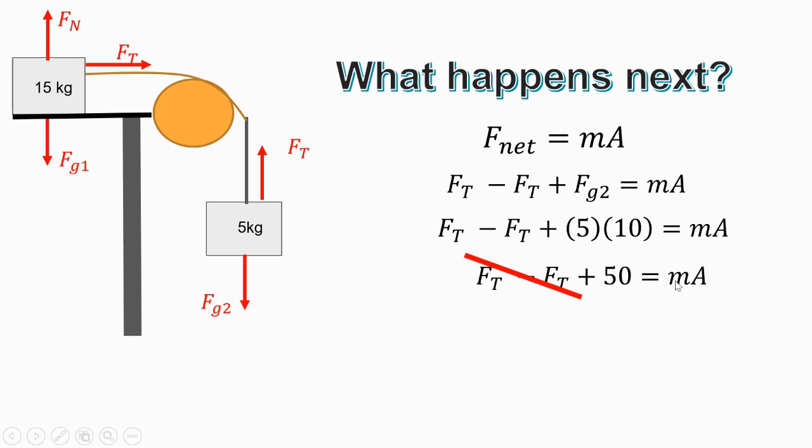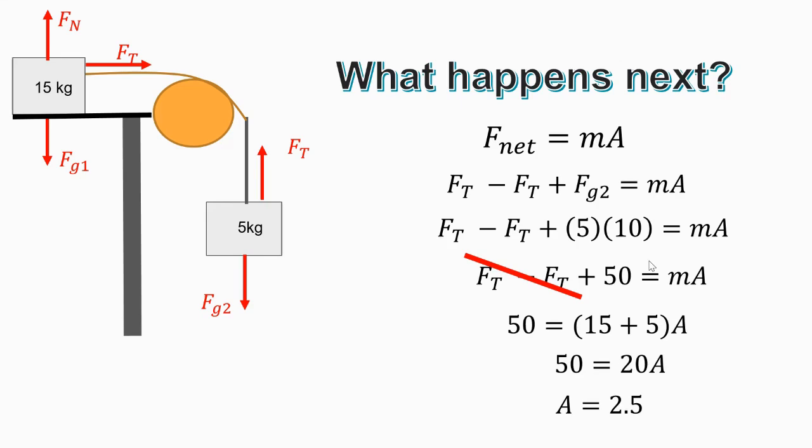Now, as I was saying, what mass do we put right here? Well, we have to again think about what mass is actually going to be accelerating. This 5 kilogram mass is going to accelerate, but it can't possibly accelerate without also accelerating the 15 kilogram box up here. So we have to add both of those masses together to get the total mass.